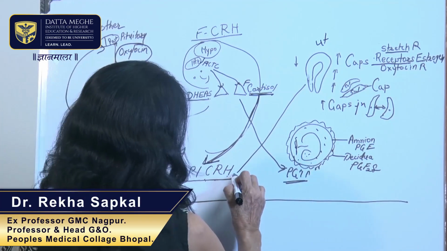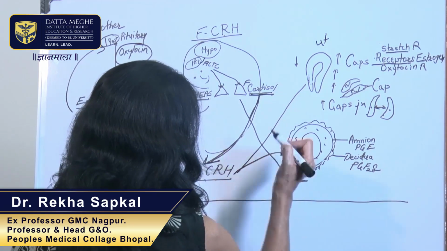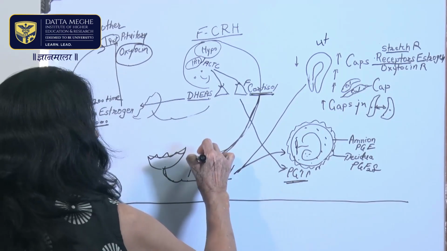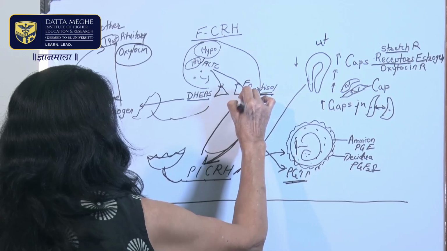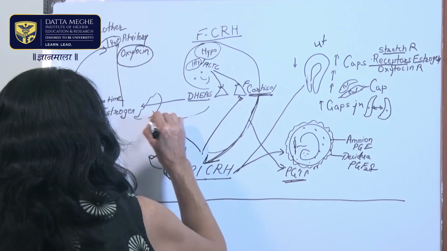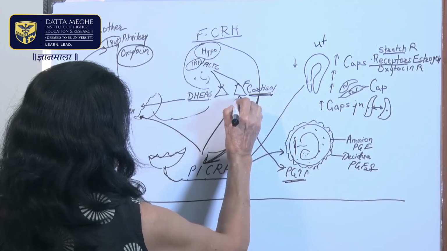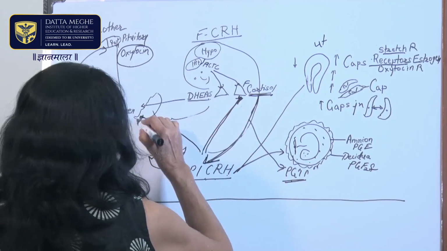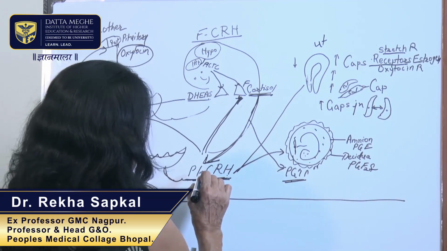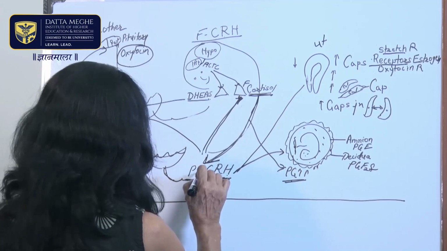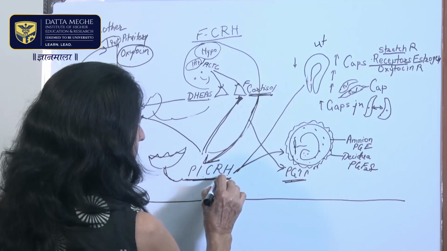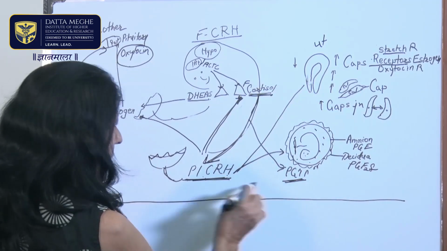It affects the amnion and deciduum also for the production of prostaglandins, and it also helps for the formation of the estrogen. So, this placental CRH is very important in pregnancy. It helps for the formation of the cortisol also, for the formation of the estrogen and oxytocin also, and it affects the uterus and it causes production of prostaglandins.